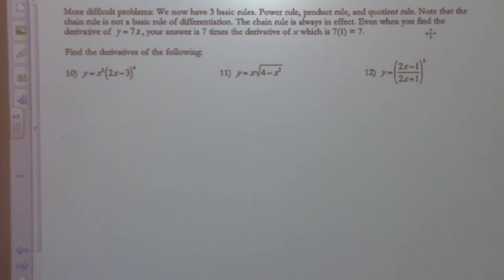Chain rule is always in effect. Even when you have y equals 7x, your answer is 7 times the derivative of x, and the derivative of x is 1. What is facilitated is putting these different things together. So I want you to find the derivatives of number 10.